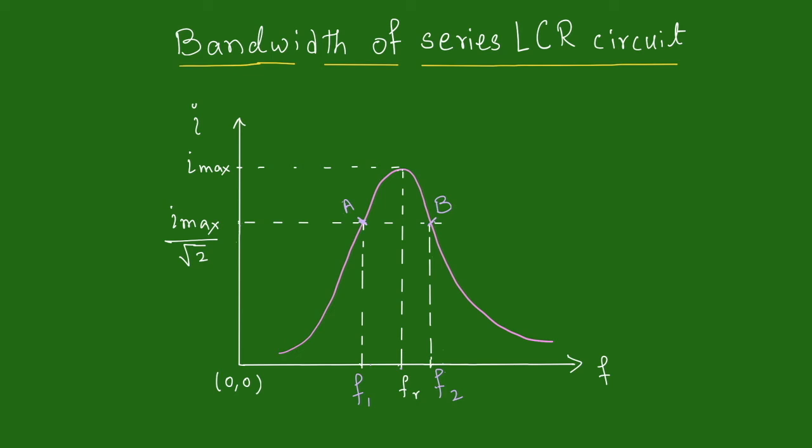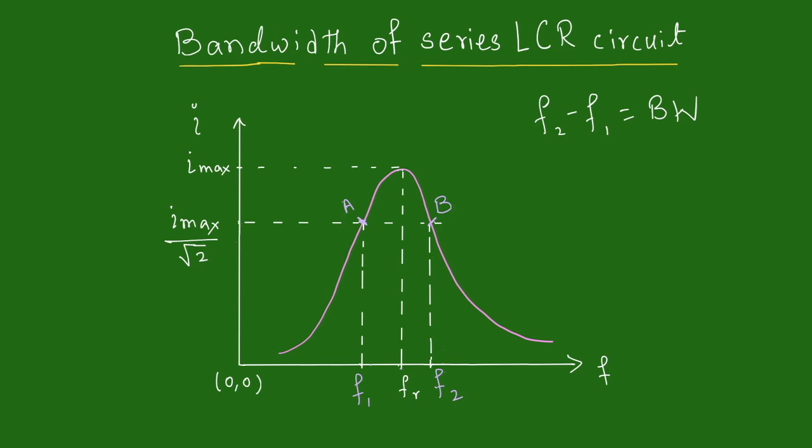The difference in these two frequencies, that is F2 minus F1, is called the bandwidth of the resonant circuit. And hence, the bandwidth of the LCR series circuit is nothing but the range of frequencies over which the power consumed by the circuit is greater than or equal to half of the maximum power that is consumed when the frequency of the input signal is equal to the resonant frequency.